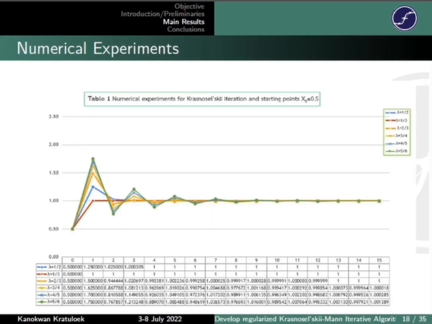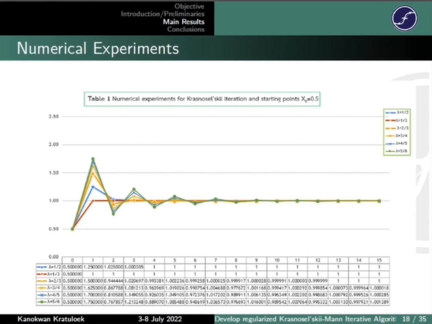In the table, we present a comparative study of the developed regularized Krasnosel'skii-Mann algorithm involved in Theorems 2 and 3, and of the simple Krasnosel'skii algorithm involved in Theorem 1, for the case of a non-expansive function T in Example 1.